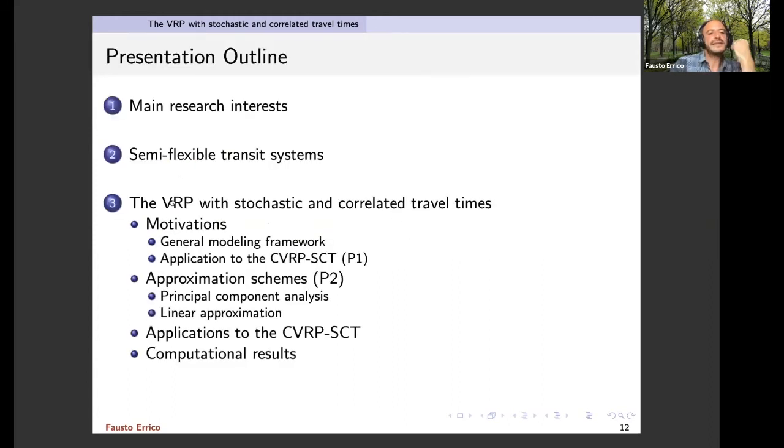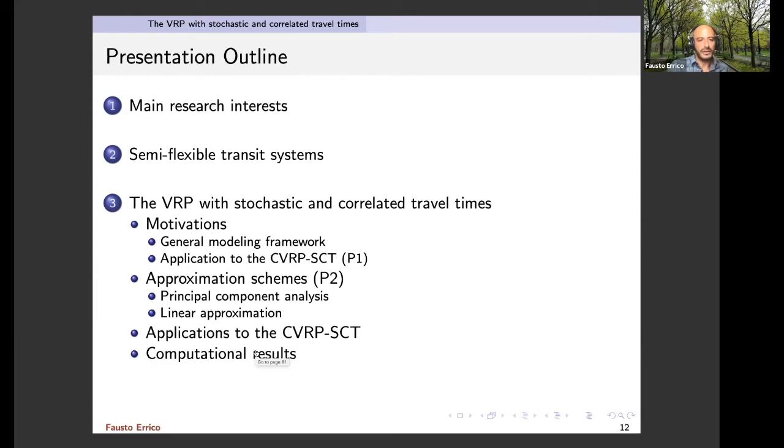The talk is organized into a bit of motivation. Then I present this approximation scheme, which is the main topic of the paper, in which we present a principal component analysis technique to approximate the original problem. And then we show some applications, specifically to the vehicle routing problem, and some computational results.